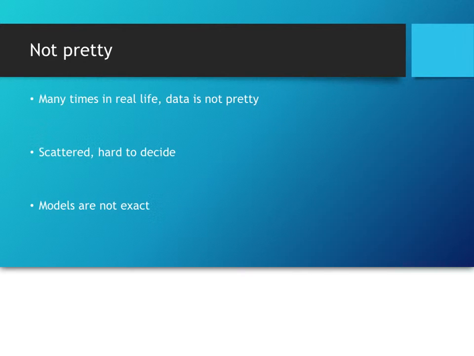But many times in life, the data that we get isn't pretty. There's a lot of times in life where you want to try to develop a model, and maybe you're going to have to base that model off of data that you've collected. Like for instance, what's the temperature going to be tomorrow?